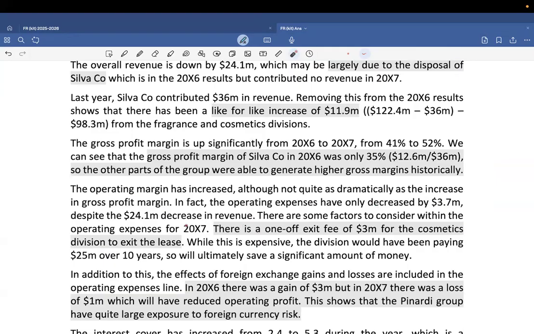Despite the major increase in revenue, the decrease in operating expenses is only by this much. And this could be mainly due to the exit fee that has been paid off for the contract. Understood?